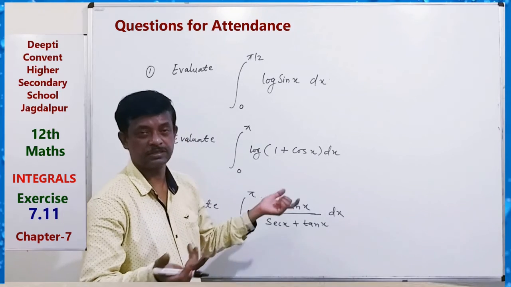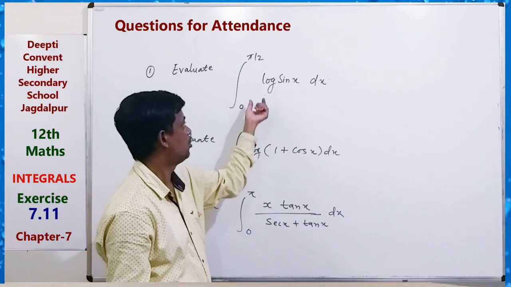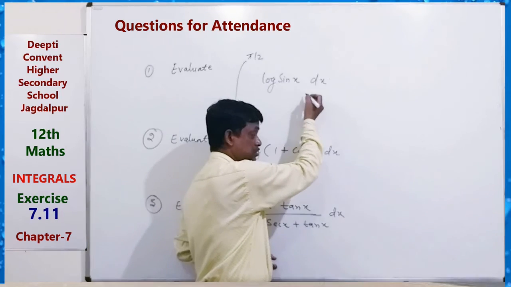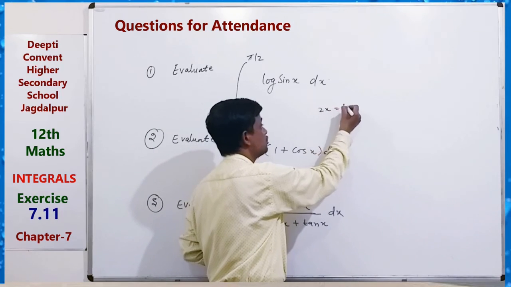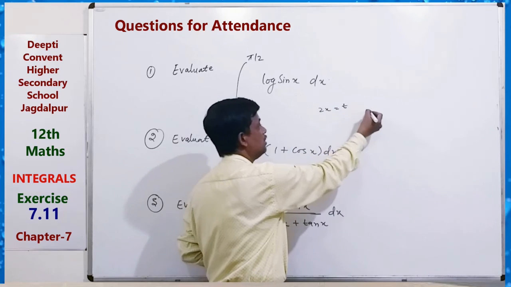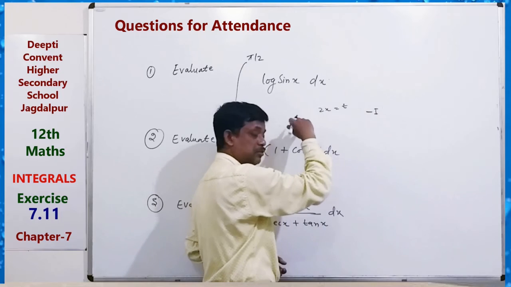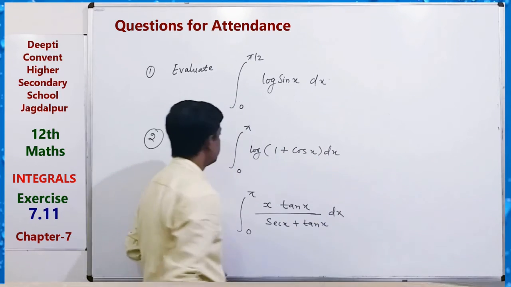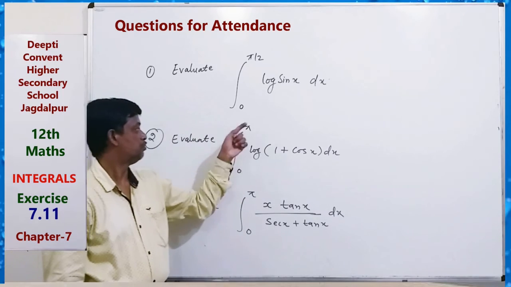So plus log 2 minus log 2, then log 2 sin x cos x, log sin 2x. Use that. Then put 2x equals t. First integral solve, and the second integral will be minus I, transfer to the left hand side, and then you can get the value.